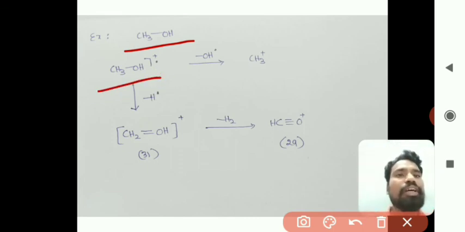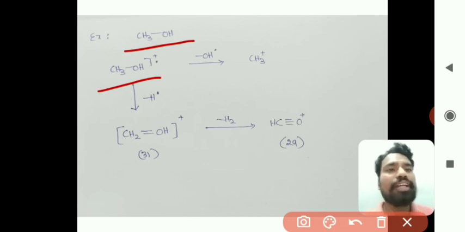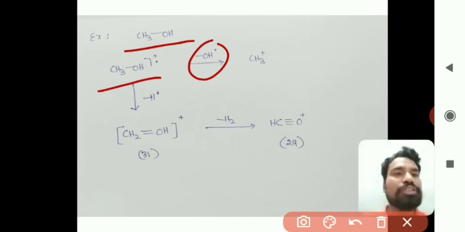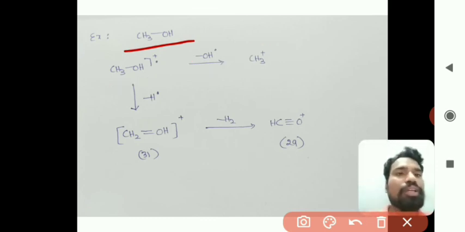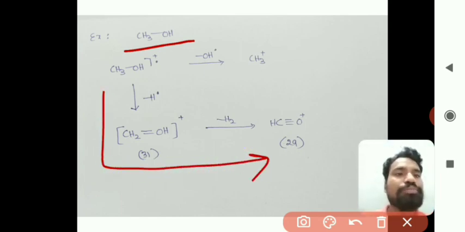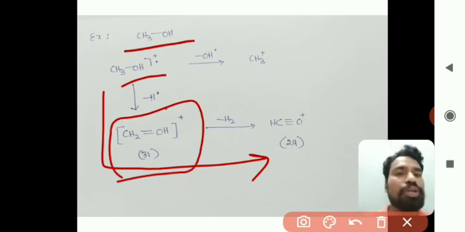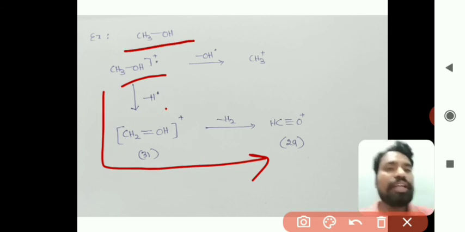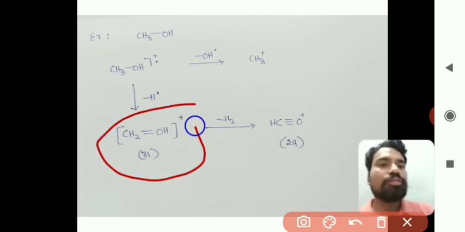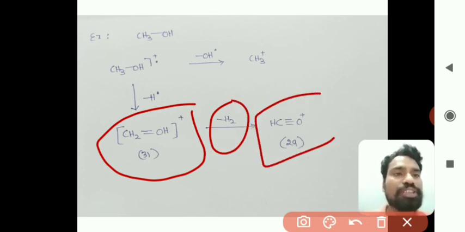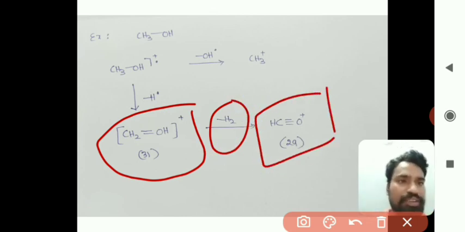This radical cation, by losing OH•, can be converted into CH3+, but this process is very rare, and the major fragmentation is this. CH3OH+• by losing a hydrogen radical forms CH2=OH+, and upon fragmentation, by losing H2, it forms CH≡O+.